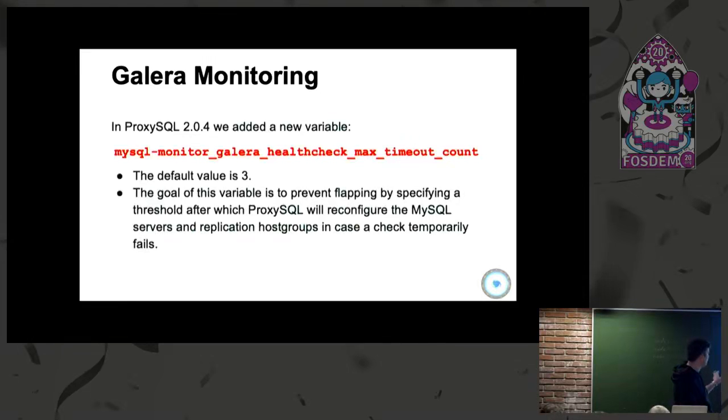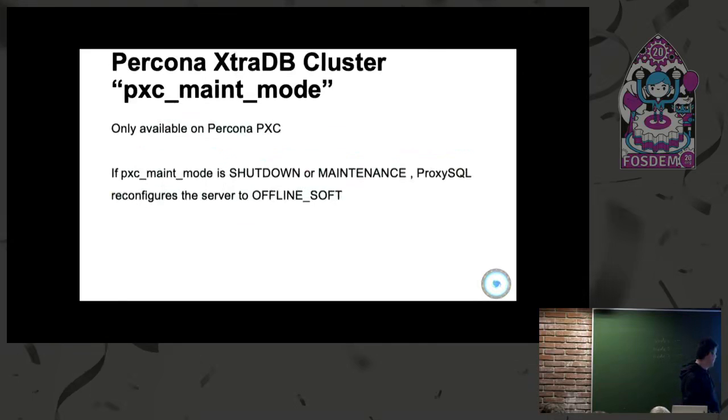By default, we've left the number of checks to 3. You might want to tune this according to the needs of your environment. There's also a new variable, Percona Extra. This is specifically for Percona XtraDB Cluster, PXC maint mode. So if you set this variable on the PXC node, ProxySQL will pick up on the change and set this node to offline soft so that no traffic will be routed to it.